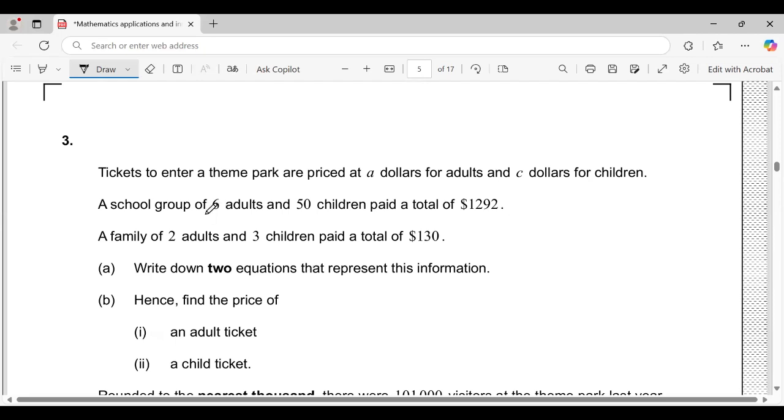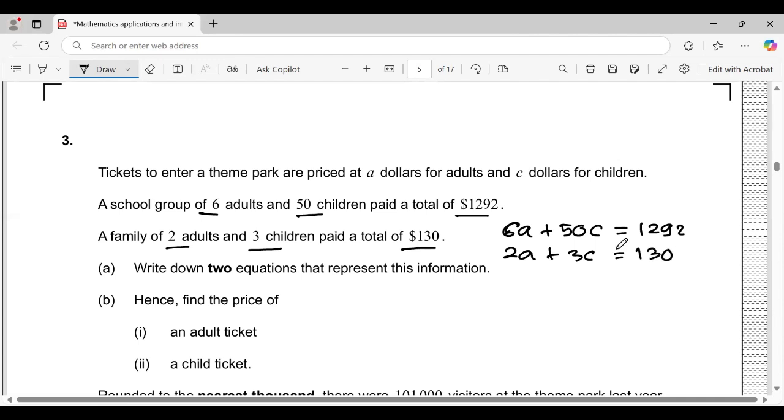The first equation is 6A plus 50C equals 1,292. And the second equation, 2A plus 3C equals 130.